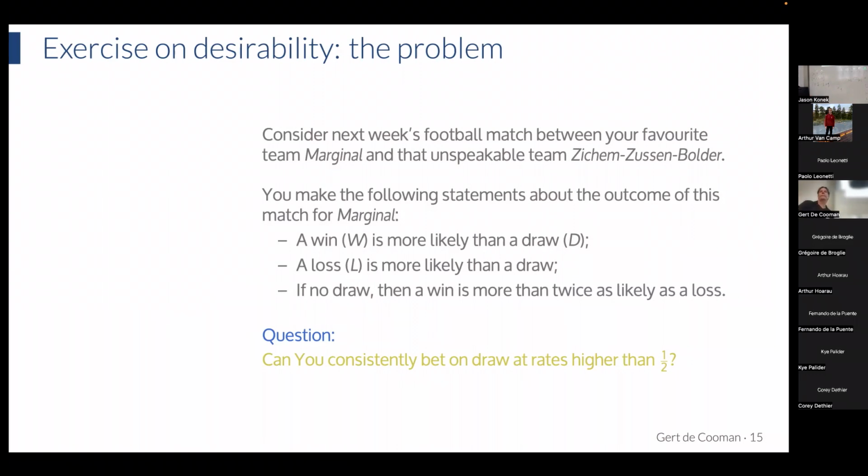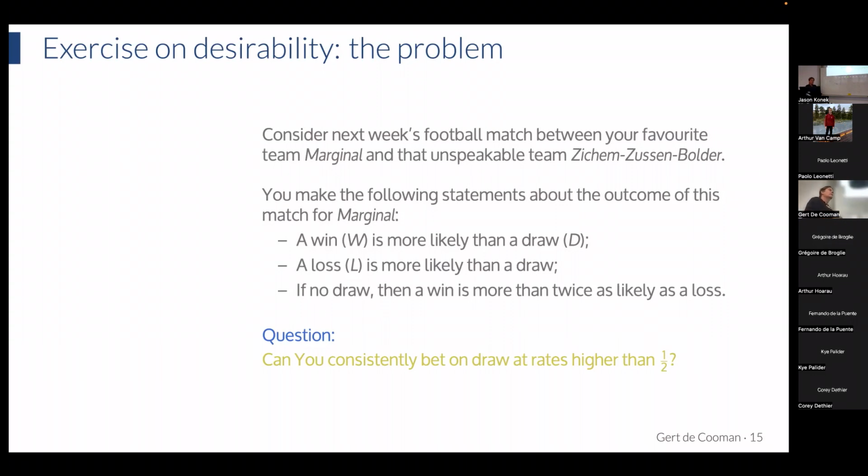So indicator of draw minus 1/2, which is minus 1/2, minus 1/2, plus 1/2. So, yeah, you're right, I'm sorry. Then you can find a positive linear combination of these that is negative, which means that it's inconsistent. Okay, I read the statement.